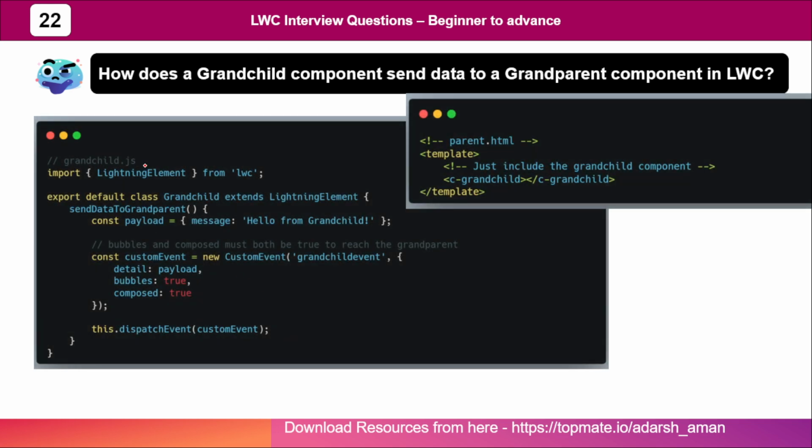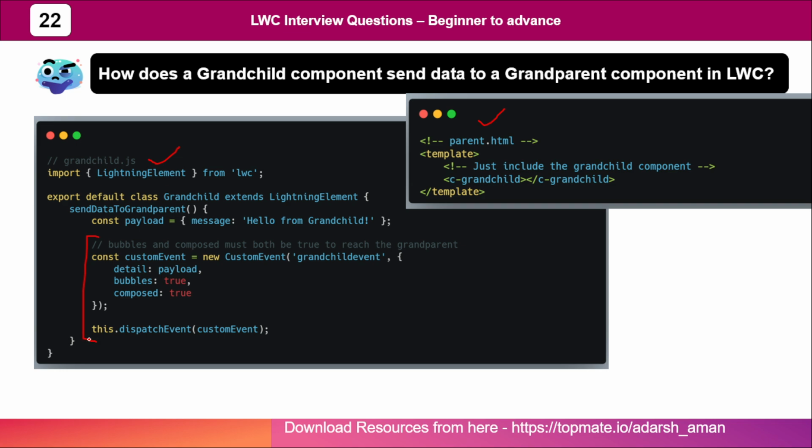Suppose you have this grandchild component. This is the HTML of the parent component and this is the JS of the grandchild component, right? On the grandchild you are creating an event and dispatching it.